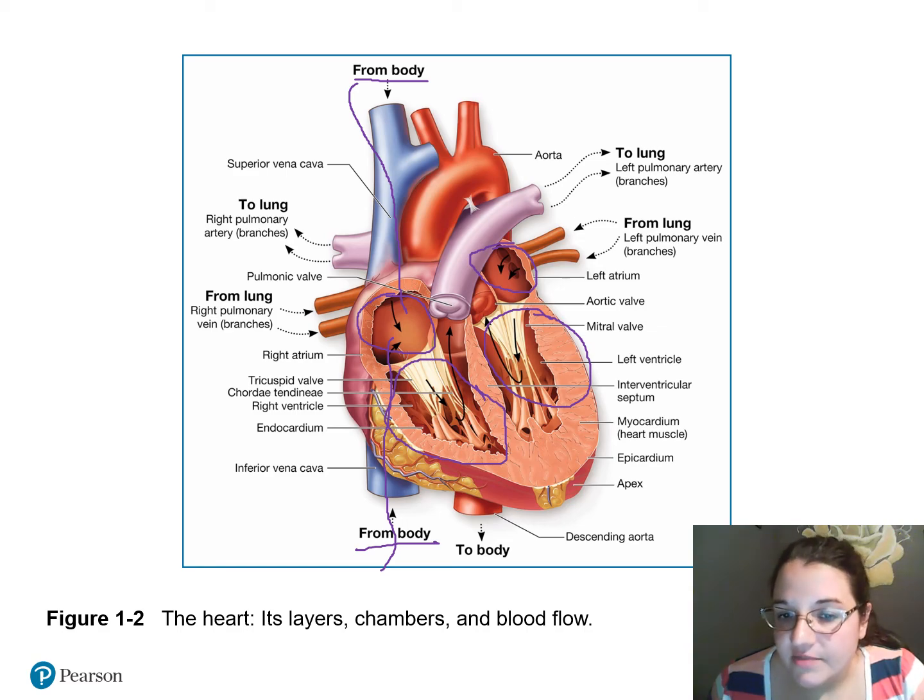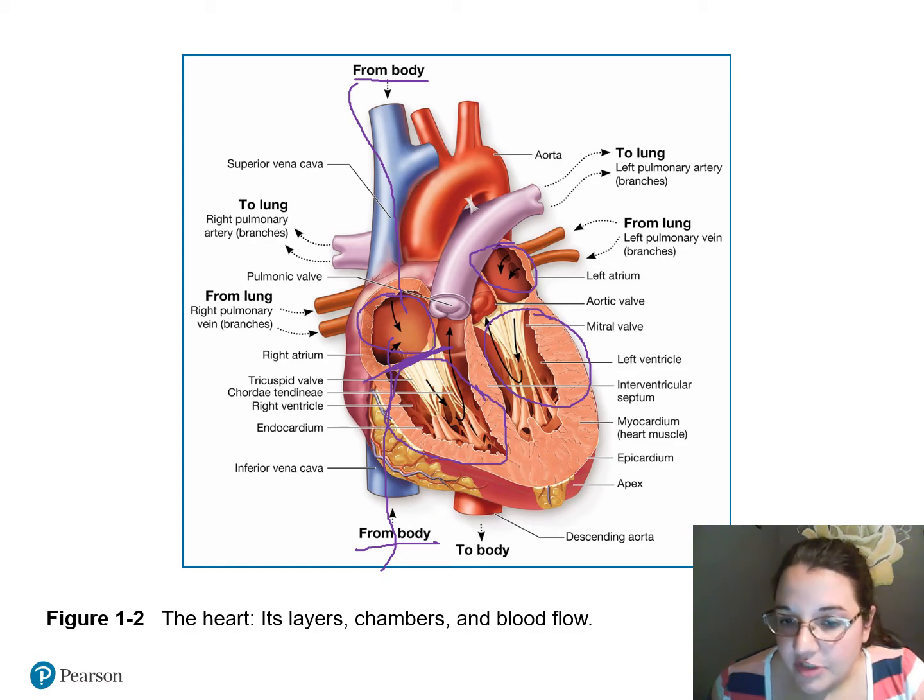Once the blood is filling up in this top chamber, eventually this door right here is going to open. That door is called a valve, and the weight of the blood filling up in here is going to cause that valve to open and fill the right ventricle.